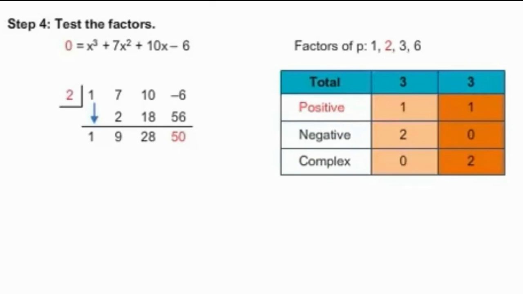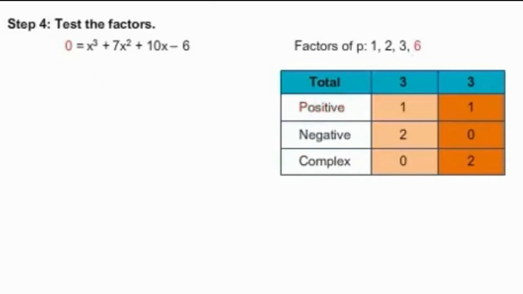This remainder does not equal 0 either. Next, try factor 3. 3 doesn't work either. The only positive factor of p divided by q left to check is 6. Uh-oh! All of the possible positive rational zeros have been tested, but none of the remainders are equal to 0. What should be done now?